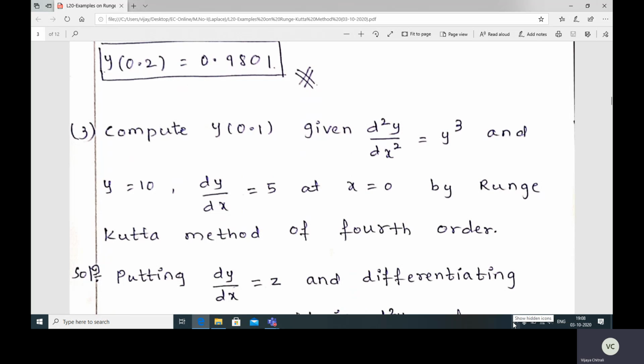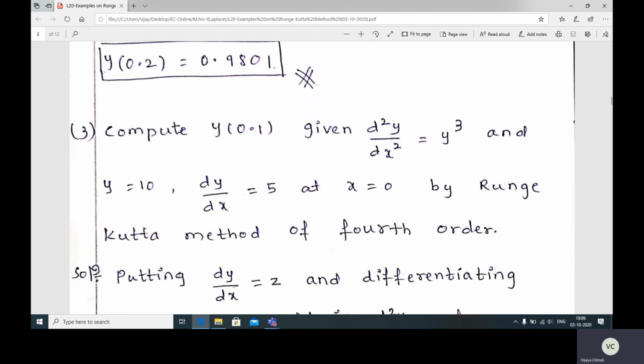Our objective of this RK method is to calculate y of x naught plus h, and if required y dash of x naught plus h, or else z of x naught plus h. So we have k1 is equal to h into f of x naught, y naught, z naught, and L1 is h into g of x naught, y naught, z naught.